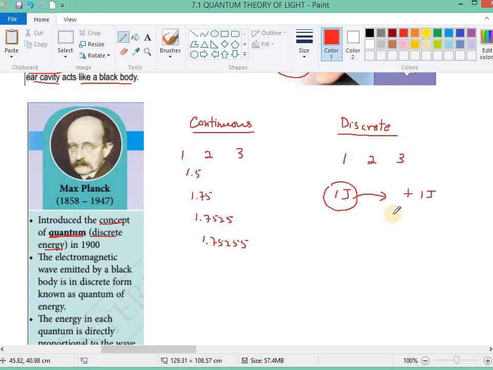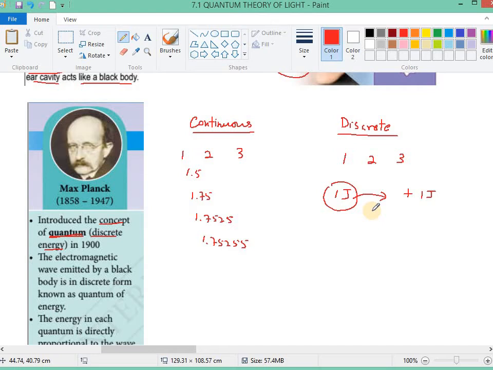So you don't have to slowly transfer 0.1 joule and then 0.1 joule, so the energy slowly increases, like 0.1, 0.2, 0.3, 0.4, and then 1 joule, 1.1, 1.2. No. What his idea of energy being discrete is that energy is transferred in a fixed amount.